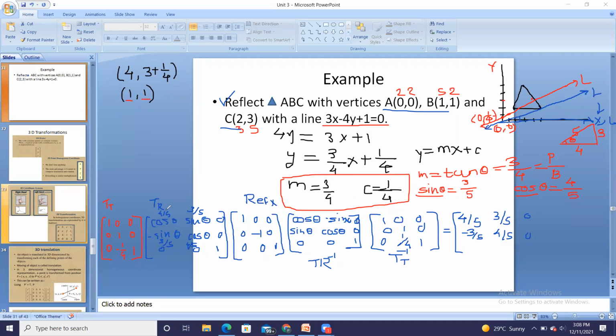The last row, first column. So this row, multiplication of these two terms, minus minus will get cancelled. I will get some 3/20. Then this multiplied by this.